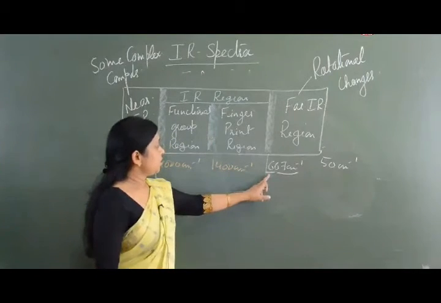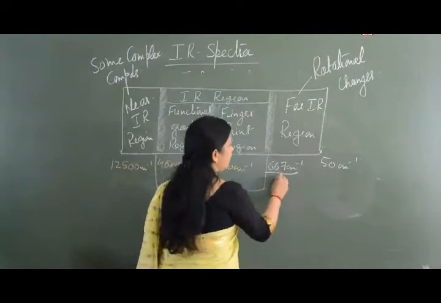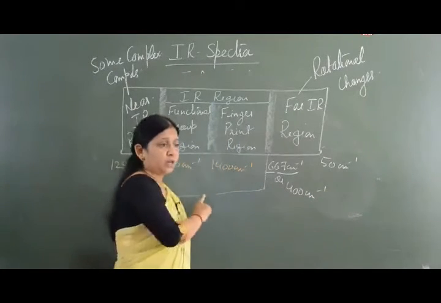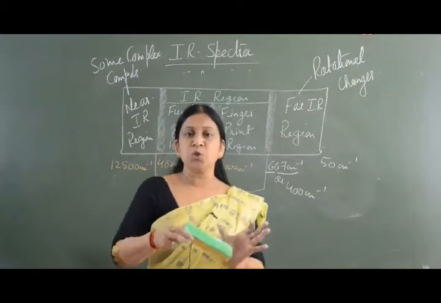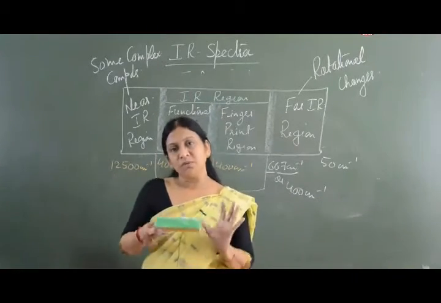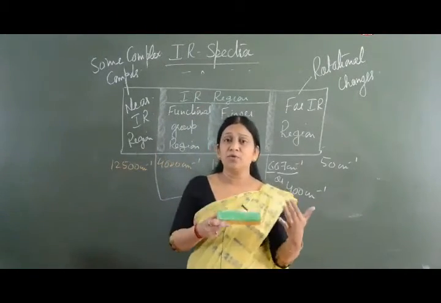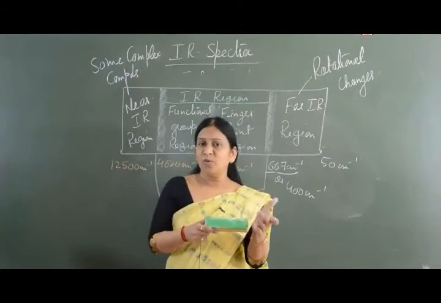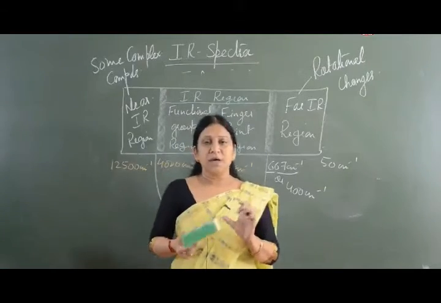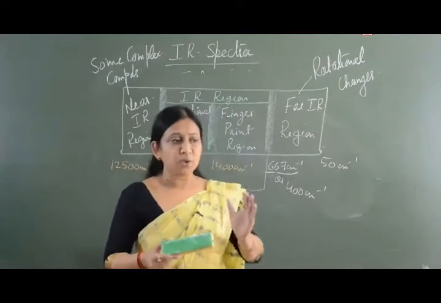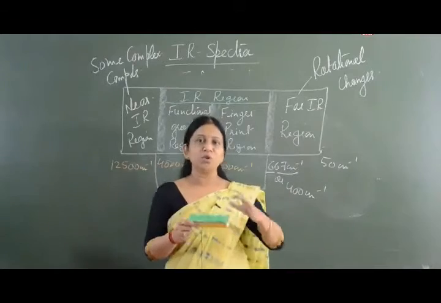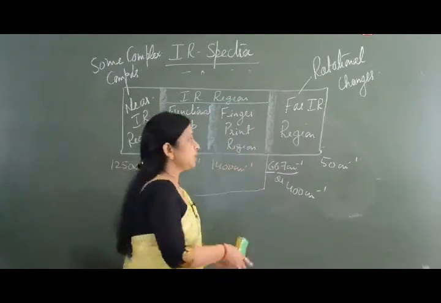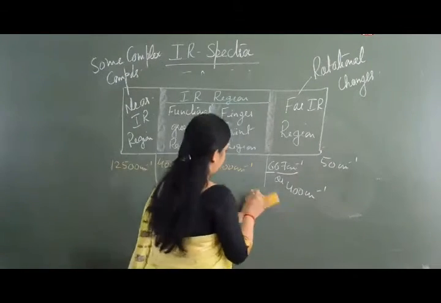So this region from 667, or I write it as 400 centimeter inverse, 400 to 1400, is going to give all the information about the molecules: what are the types of vibrations, as we are going to discuss, then what kind of bond is there, whether a single bond, double bond or triple bond is there. Every bond is going to show absorption at a different wavelength. So actually this fingerprint region is a characteristic of a molecule.